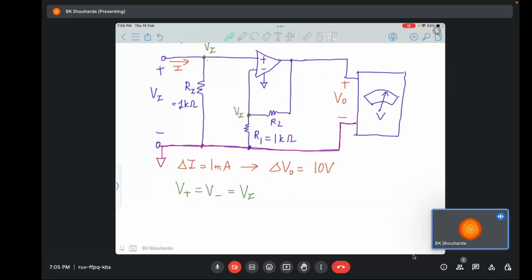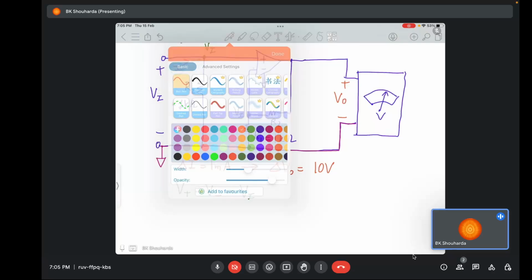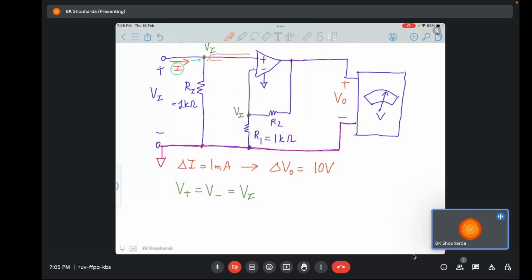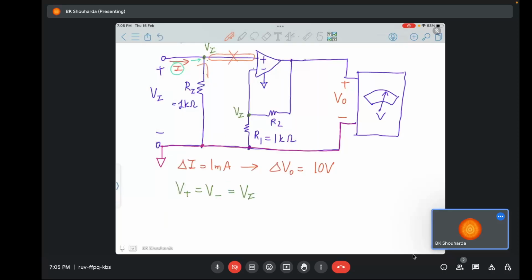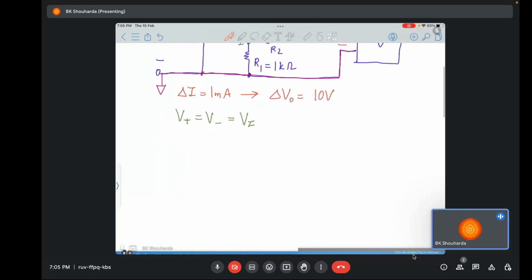Now how do we find Vi? First of all, look at this current I. Where will it flow? First I encounter this node. Now there are two directions in which the current can bifurcate. But let's be careful that one of the golden rules of our op amp says that current cannot enter into either of the input terminals. So current over here will be 0. So what will happen? The rest of the current I will flow through this Ri resistance. So what will be Vi?